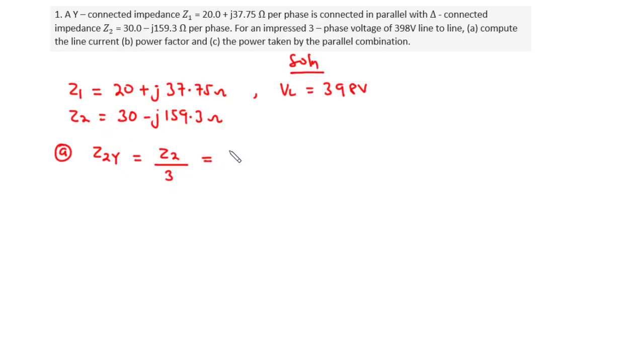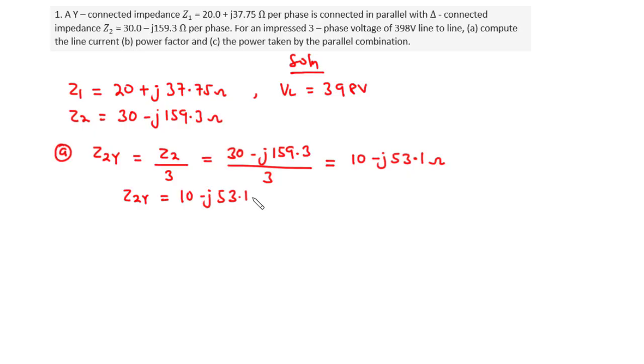Now we have Z2 to be 30 minus j159.3, and then we have that divided by 3. 30 divided by 3 is 10, and then 159.3 divided by 3 gives 53.1. So we have Z2y equals 10 minus j53.1 ohms. This is the equivalent star connected impedance per phase.